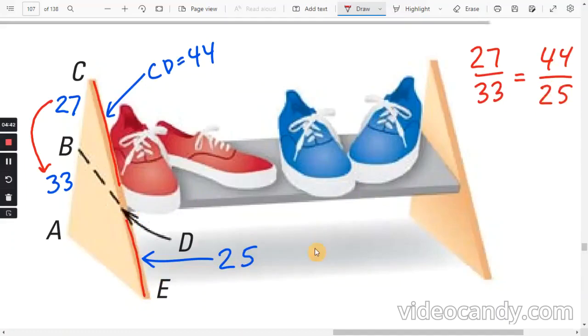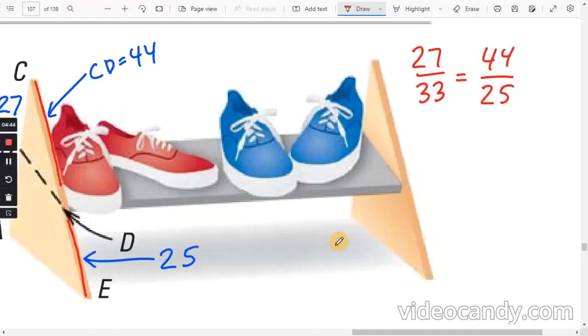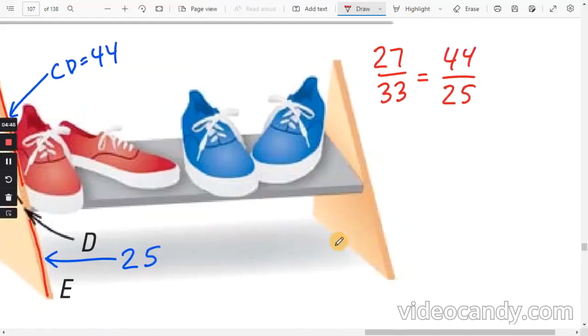Okay, and without even using the calculator or cross multiply, I can already see they're not equal. This is clearly less than 1, and this is clearly greater than 1. Okay, I'll do it on the calculator real quick just to prove it to you, but we can clearly see they are not equal.